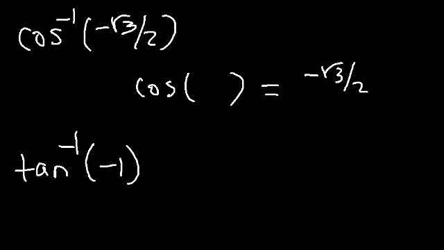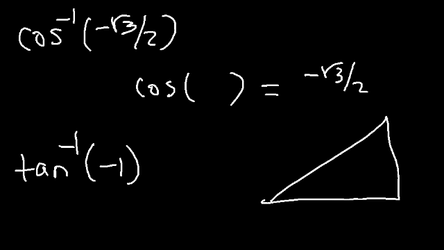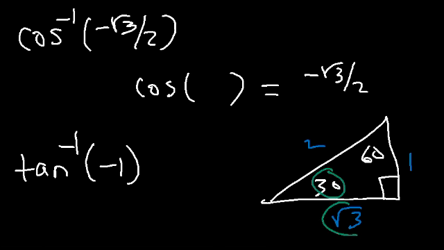The reference angle, if you draw the 30, 60, 90 triangle, this is 1, root 3, and 2. The reference angle has to be 30. Cosine is adjacent over hypotenuse. That's root 3 over 2. So cosine 30 is positive root 3 over 2 in quadrant 1.